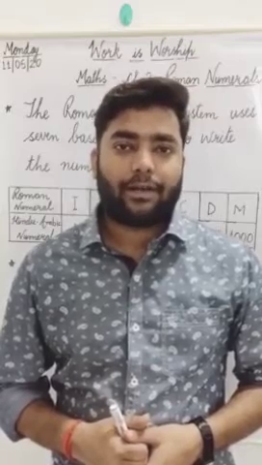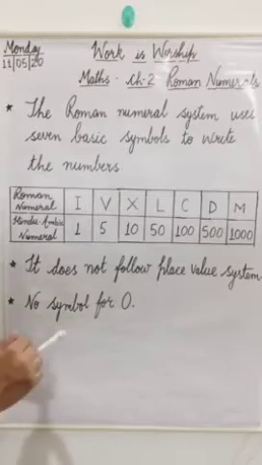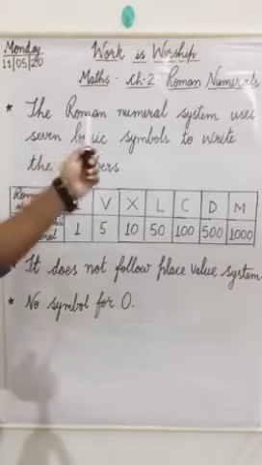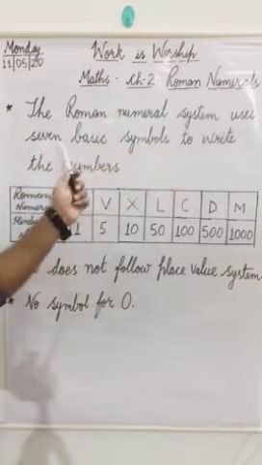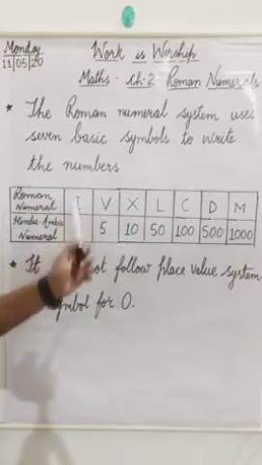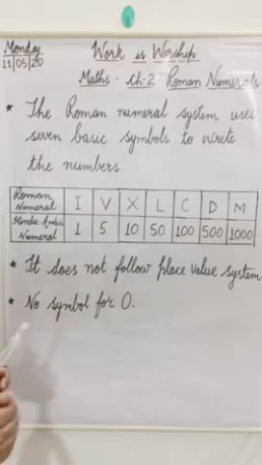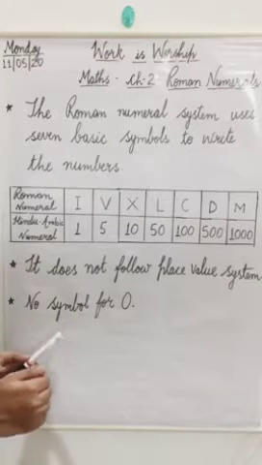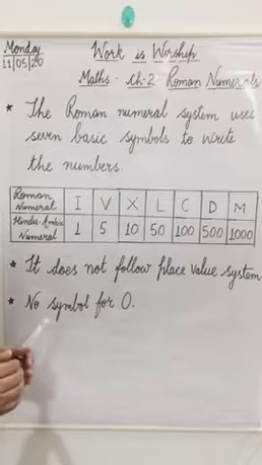So let us start. In order to understand the concept of Roman numerals, it is very important for us to know the Roman numeral system uses 7 basic symbols to write the numbers. As we earlier discussed, all the numbers in the Hindu-Arabic system, whether smallest or greatest, are formed by the digits 0 to 9.